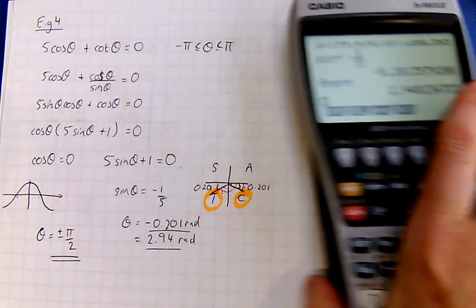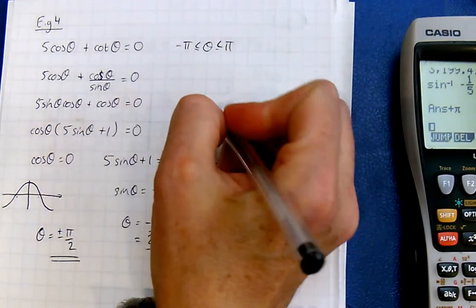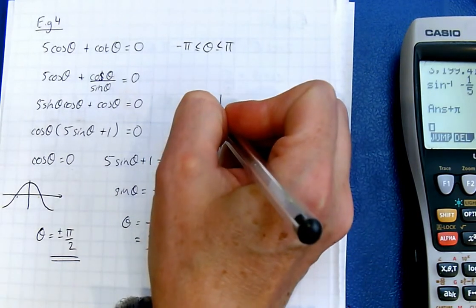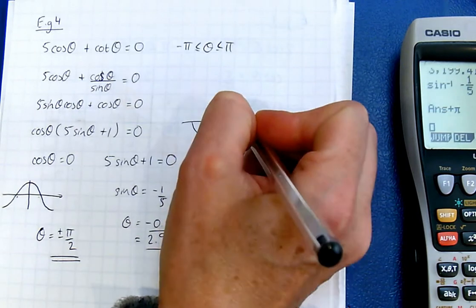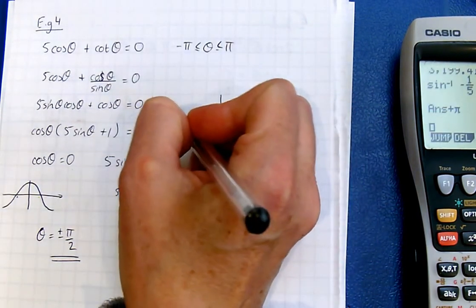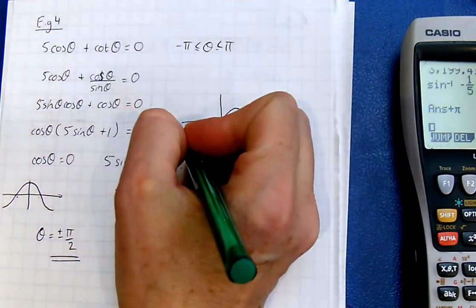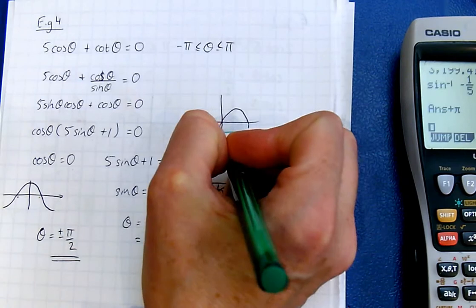If you prefer a graph, then you would sketch your graph for sine. Okay, and the graph for sine between minus pi and pi looks like this. We can draw in our line for negative a fifth, obviously very inaccurately.